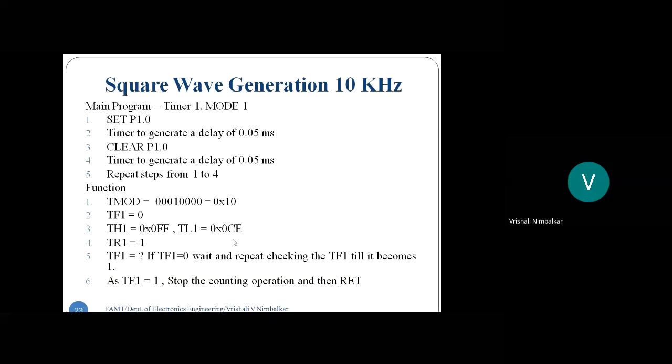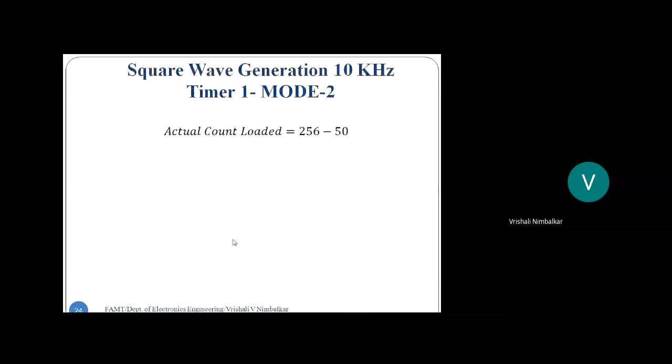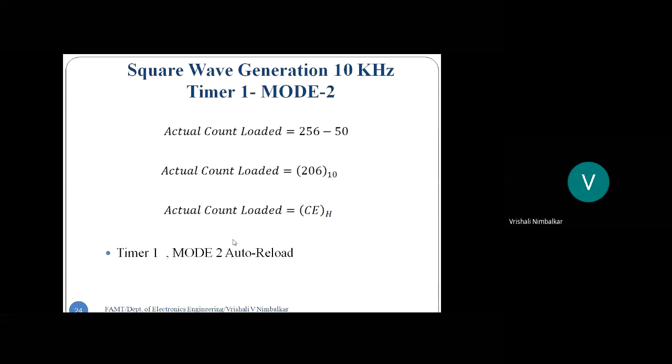But whereas mode 2, what is that? That CE hex will be saved in TH1 register, and after CE, CF and so on, when the count up reaches FF, there is an overflow. After FF, what is the new count?